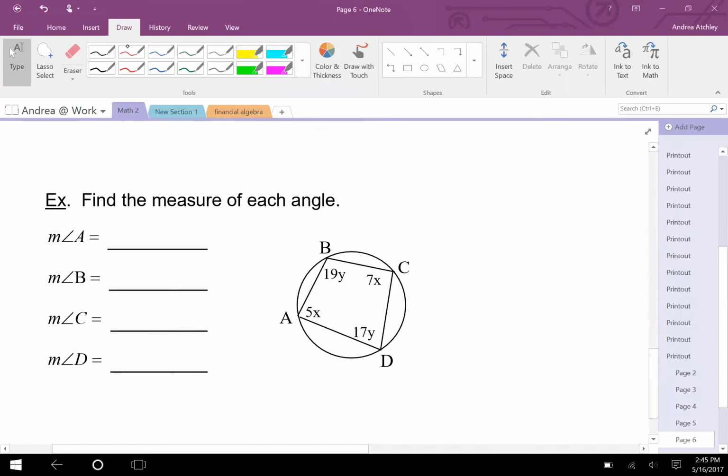Okay, next one. So to find A, we need to add those two and set them equal to 180. So that will give me 12x equals 180. And that will give me x equals 15.